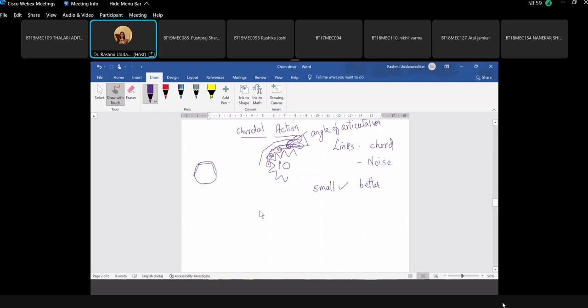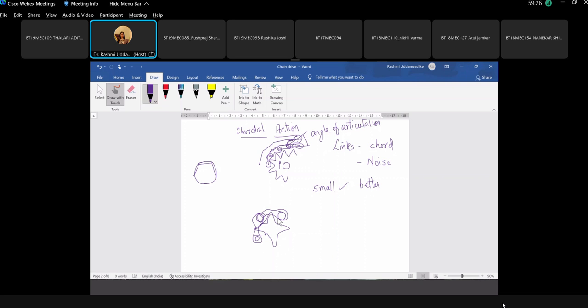Suppose the number of teeth is only 4. So if your sprocket is like this. Oh my god, this is looking really bad. Please don't mind. So now your chain looks like this with only 4 teeth.